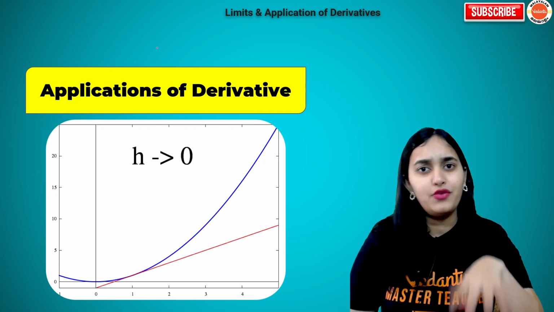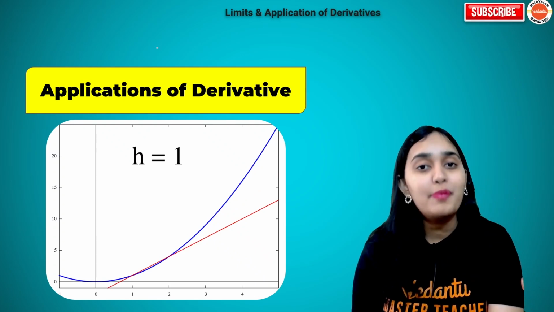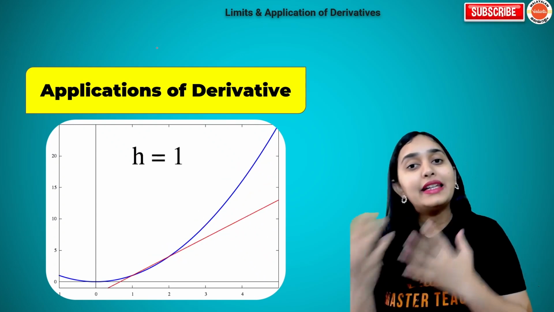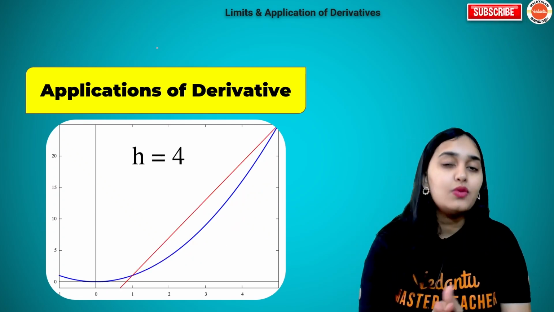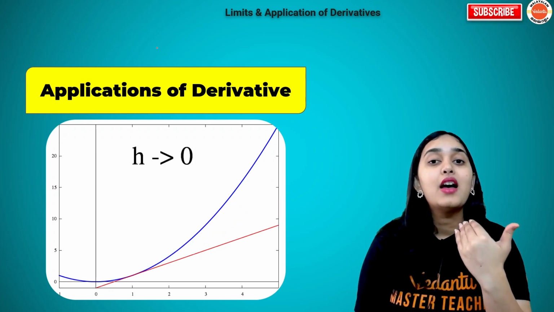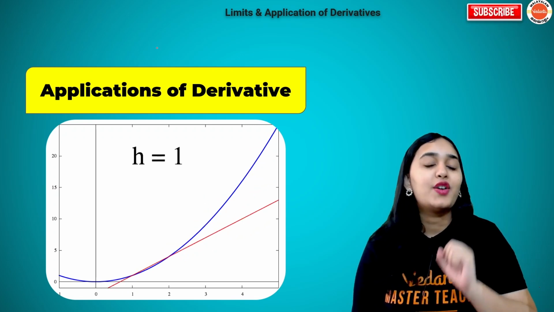Any other method? No. So 4 methods basically to find out limits. Fifth method, apply the properties that we know: sine, cos, tan, log, e, a. Just use these formulas to simplify. So these are the 5 methods using which you can simplify the function and find out the limit.